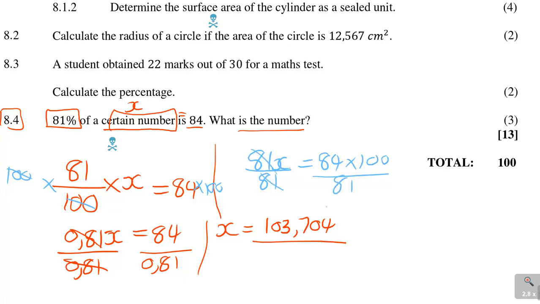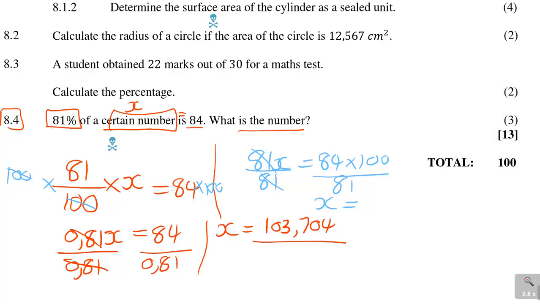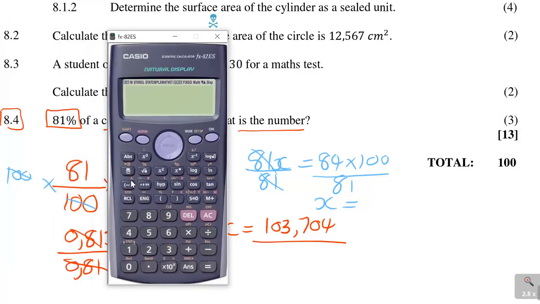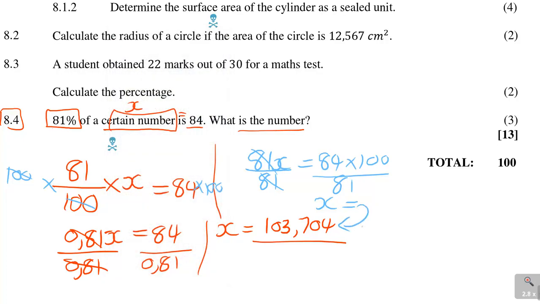When you do that, you'll see that x is equal to, it will still give you the same answer. In this case, if we use our calculator, it will be 84 times 100 over 81. Then you see, we are still getting the same answer as the one that we got here.